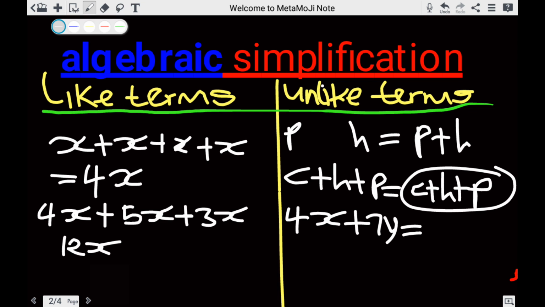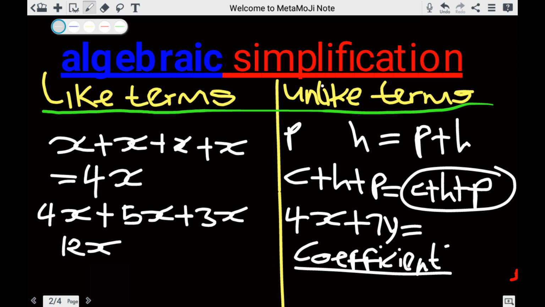Let's talk about this. There's something called a coefficient. What is a coefficient? A coefficient is a number that is multiplied to a letter. For example, in 4s, the coefficient is 4.